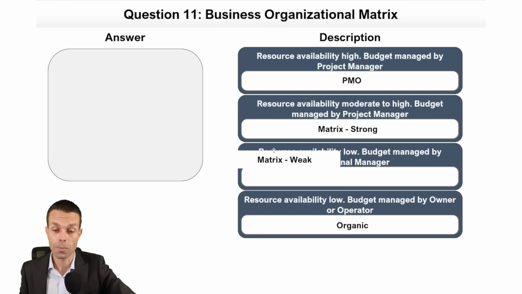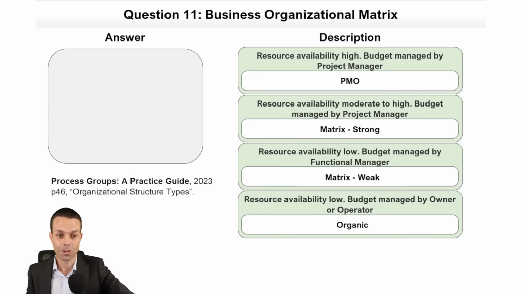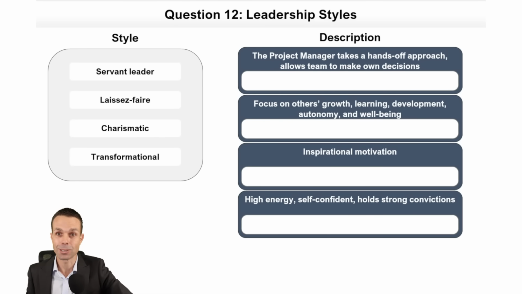That's managed by the functional manager. And then right at the bottom, we've got the budget being managed by the owner or the operator instead of the PMO. Let's quickly check this and see how we go. Wonderful stuff that's come through. Process Groups, a Practice Guide on page 46 if you want to check that out for yourself. A bit of a tricky one to start off with, but let's see what else we have.